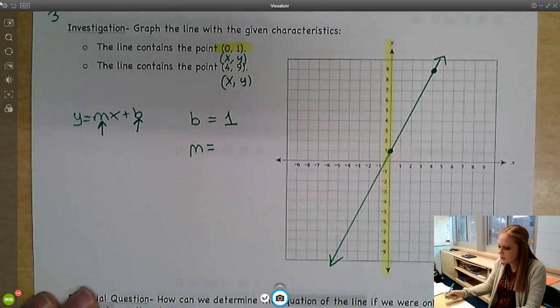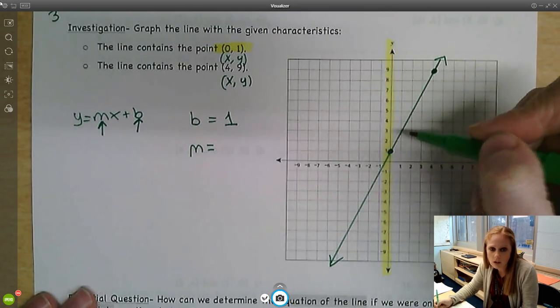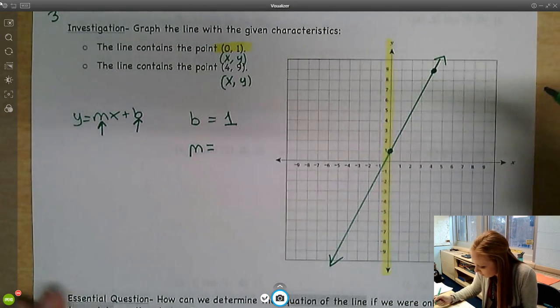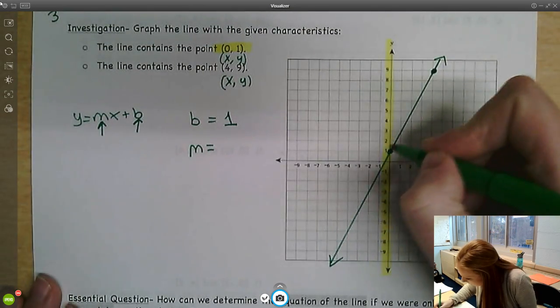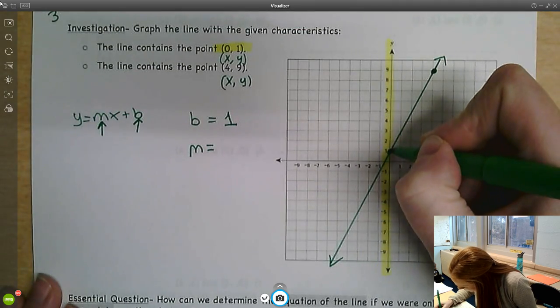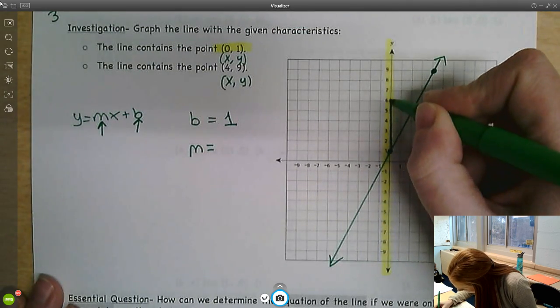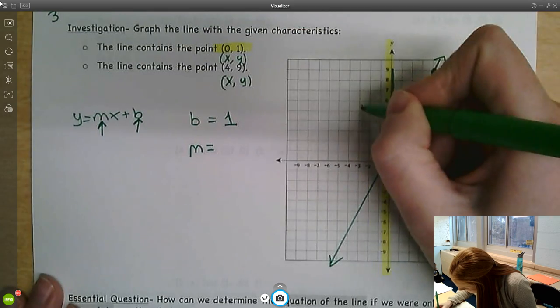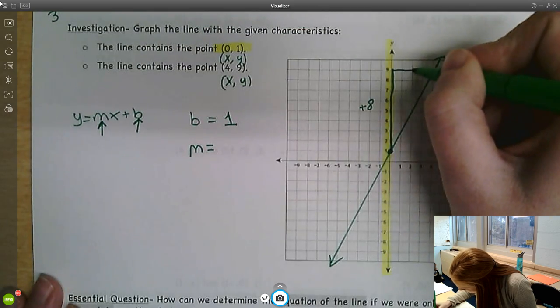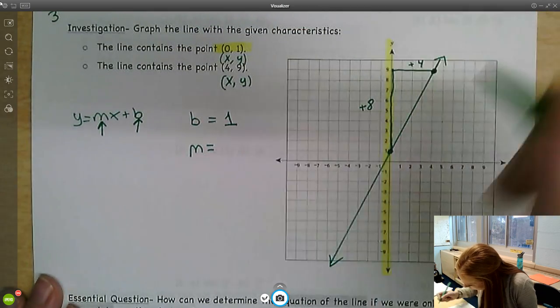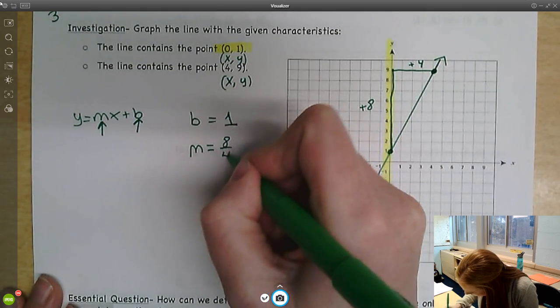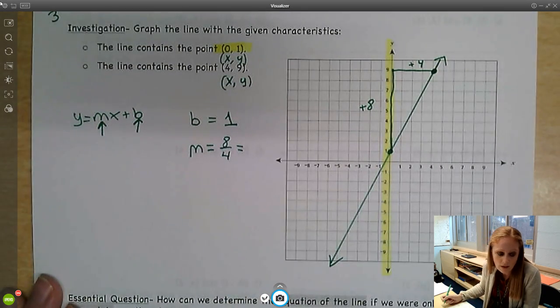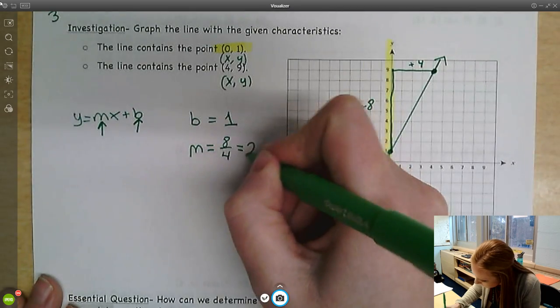Let's find the m. Now, we would do rise over run, and we'll do that, and then I'll show you another way that we're going to do it today. So to get from this point to this point, we have to rise 1, 2, 3, 4, 5, 6, 7, 8, and then run 1, 2, 3, 4. Oh boy. 8 over 4, that will simplify. If you do 8 divided by 4, you're going to get 2.